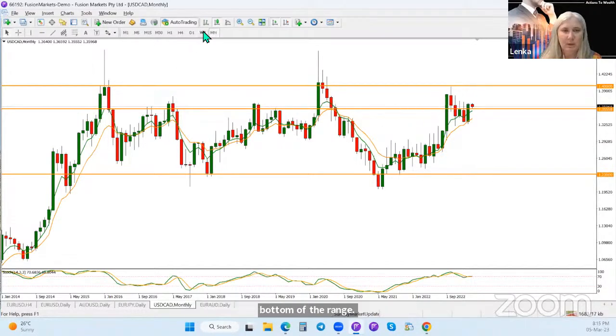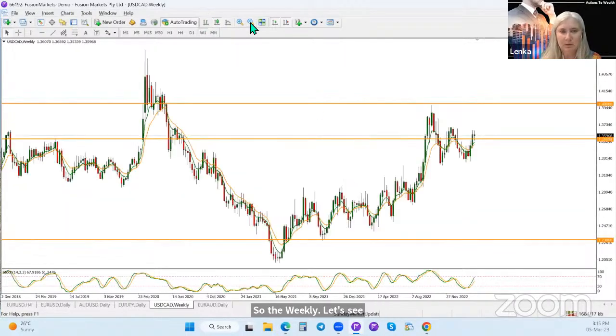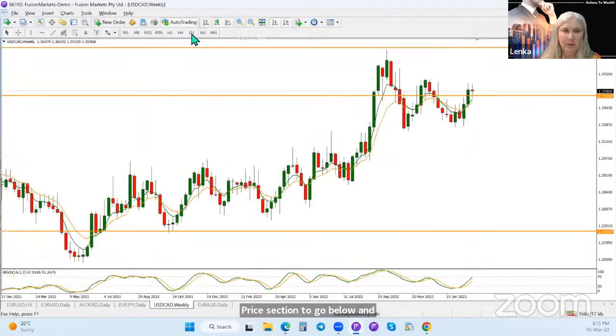So let's have a look on the weekly. So the weekly, let's see. Yeah, I'm just looking at price action to go below and retest there.